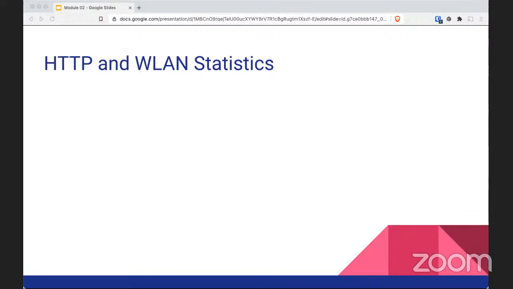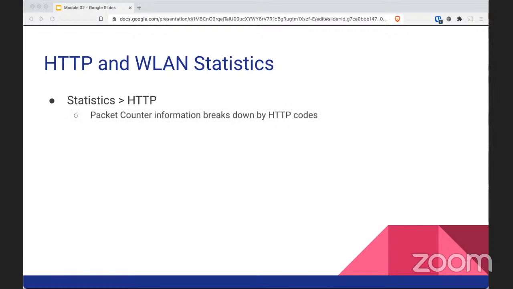Wireshark already has built-in tools for specific protocols. For example, HTTP. Under statistics, you will find an entire section dedicated to HTTP. You can see packet counter information that breaks down by the codes. These codes you should be familiar with. For example, anything in the 100s is informational.